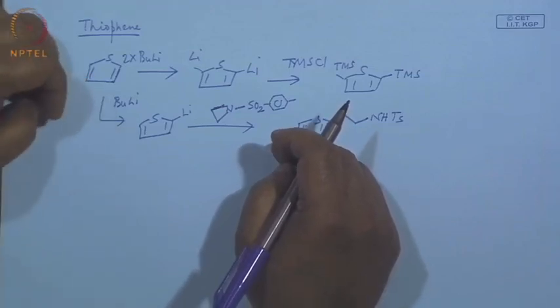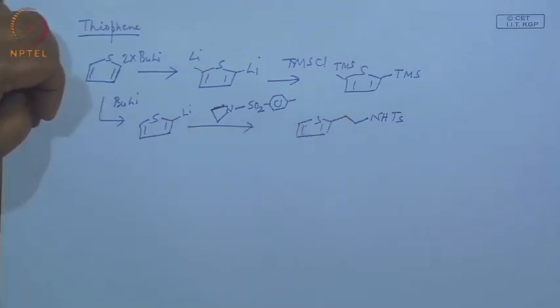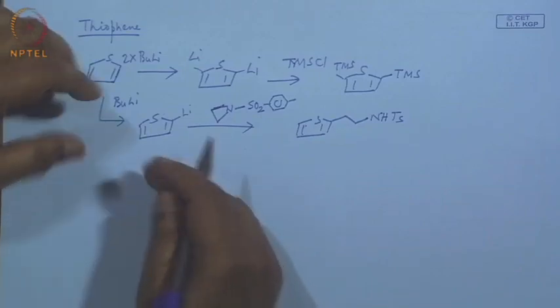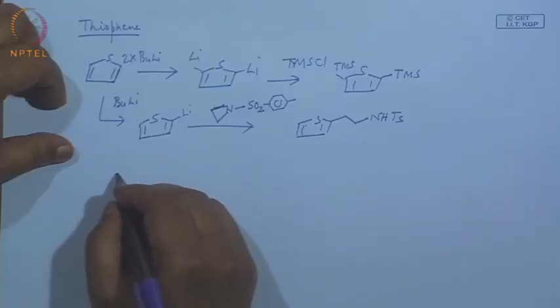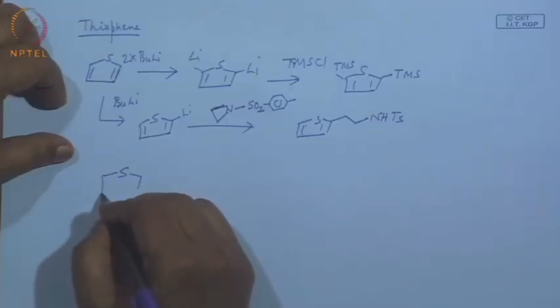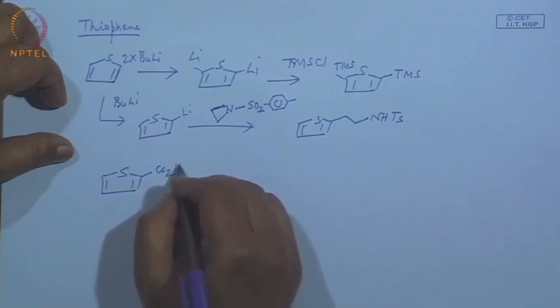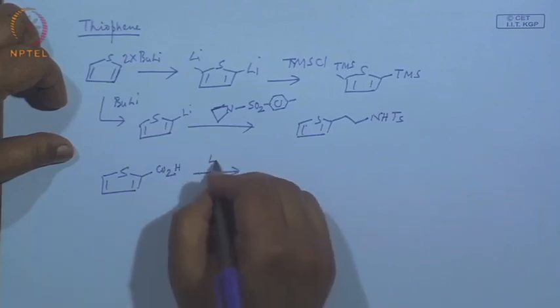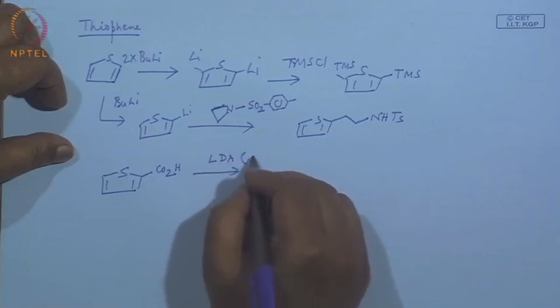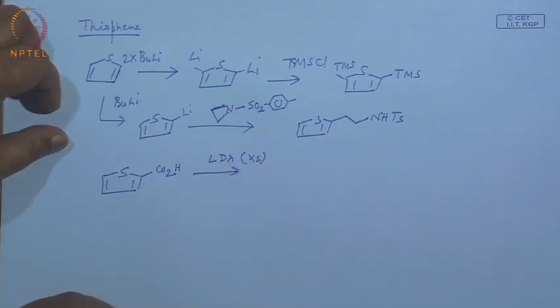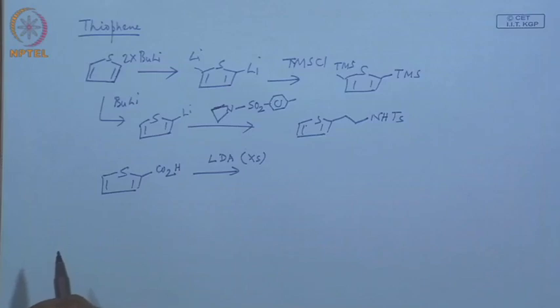one more example I will give you. This is something quite interesting though. That means, by changing the reaction condition, you can also change the reaction products. For example, if you have a thiophene carboxylic acid and use excess of LDA, what do you expect?